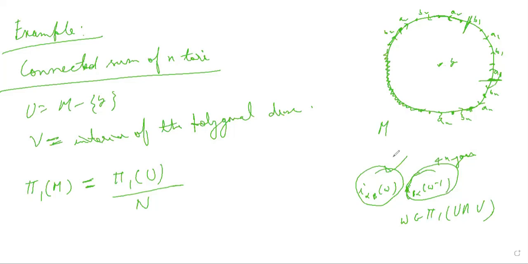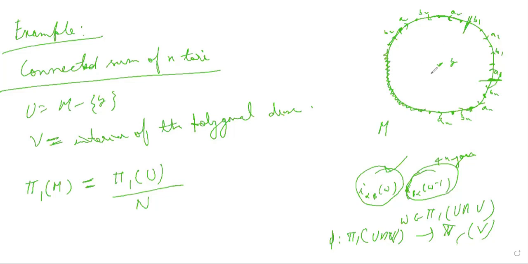So where does this ω go under φ from π1(U ∩ V) to π1(V)?